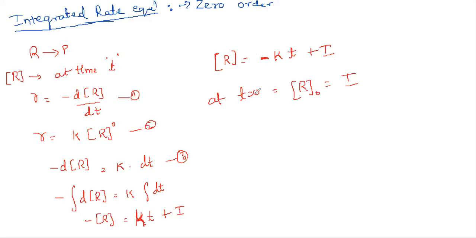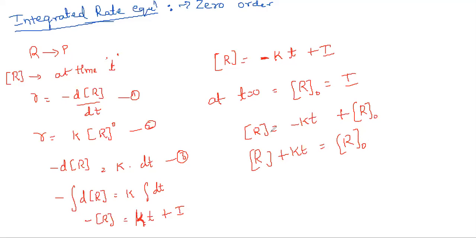We can substitute this in place of I, that is [R] is equal to minus kt plus [R]0. Instead of I, you can put [R]0. So kt goes to the other side and becomes plus. Therefore [R] plus kt is equal to [R]0. Keep kt there only and send [R]0 here, so [R]0 minus [R].